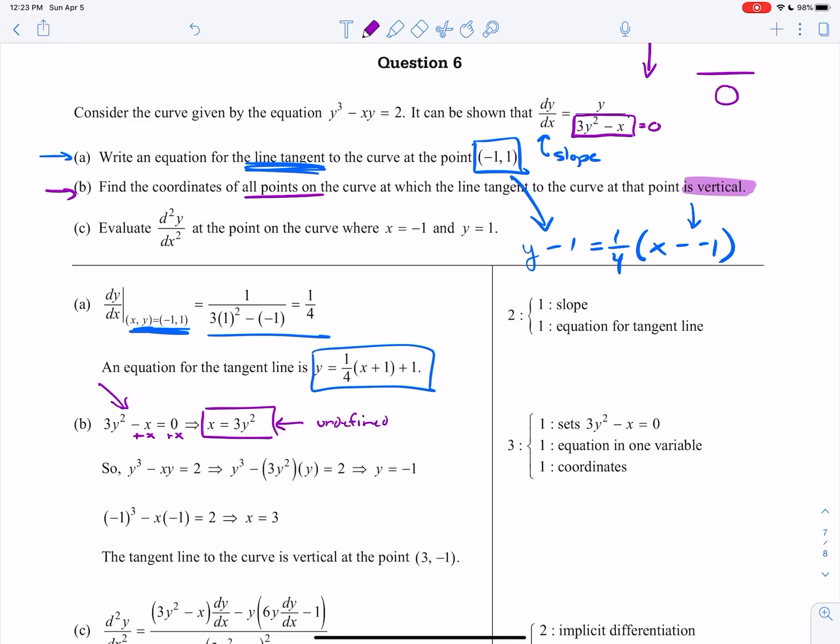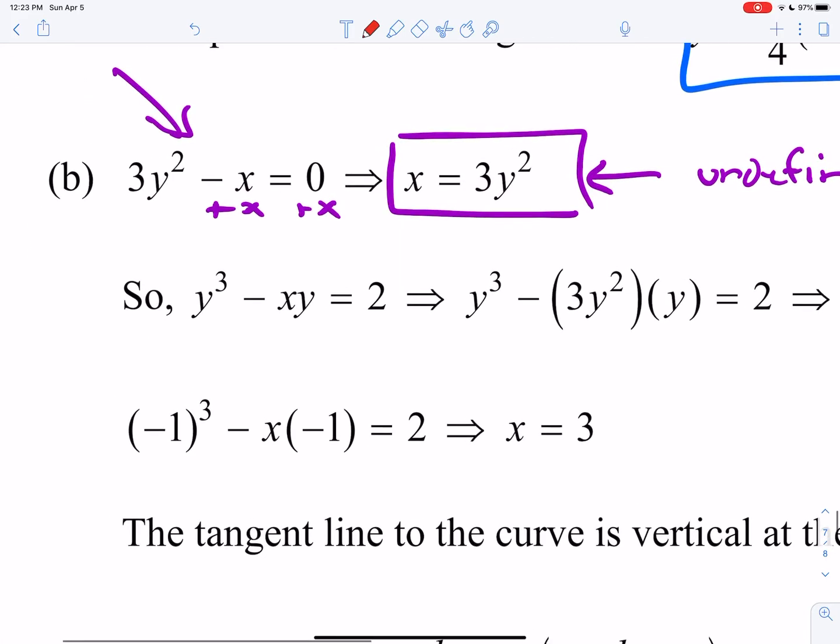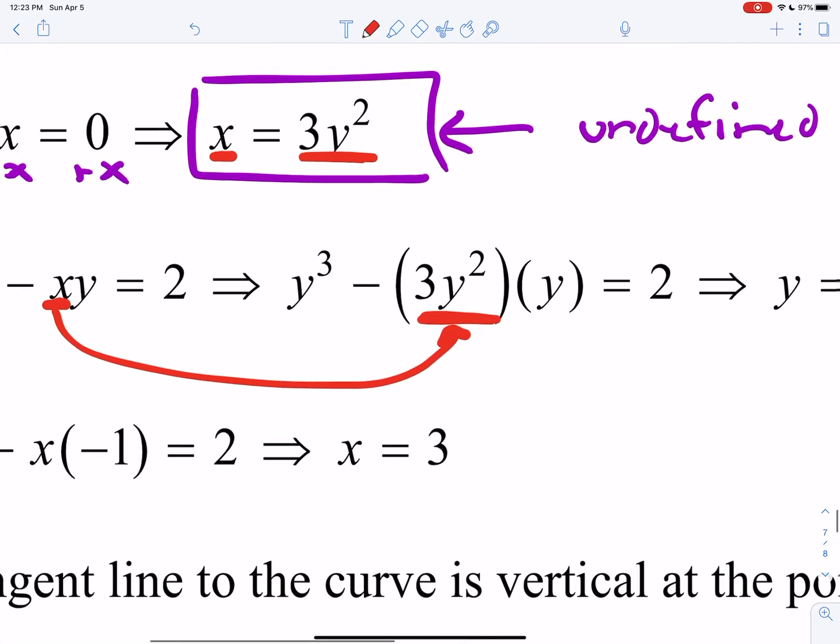So what you do is you plug it into the curve. Here, x is going to be replaced by 3y squared, because that's what it's equal to. We do that because you can't solve for two variables at once, so we're limiting it so that all of it looks like y's.